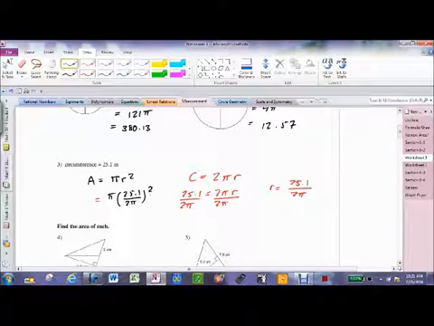And you're just going to do that on your calculator. 25.1 divided by 2 times pi. Then you're going to square that number. And then you're going to multiply it by pi to get 50.13.